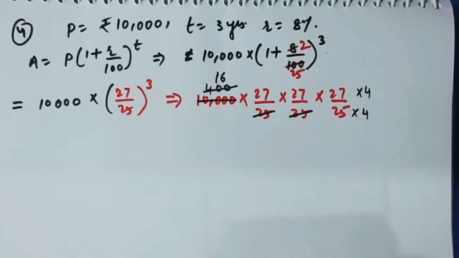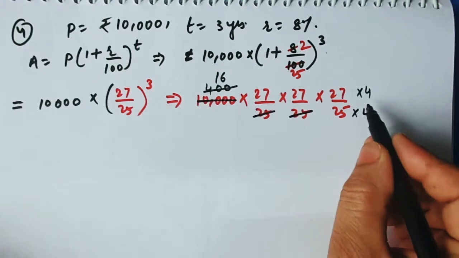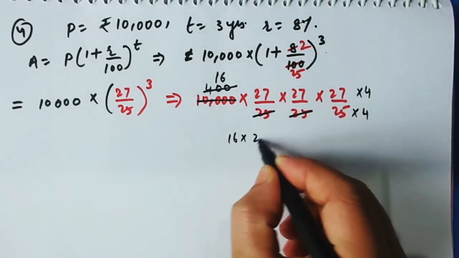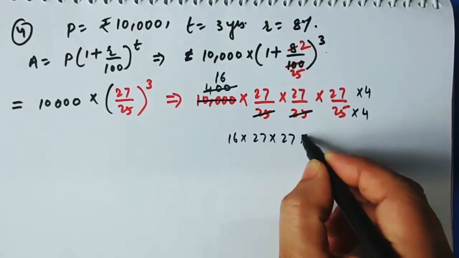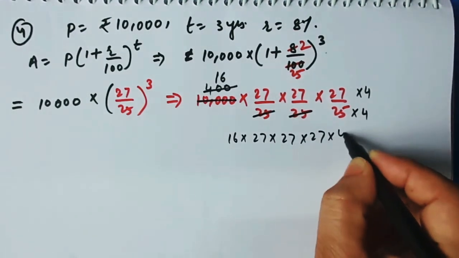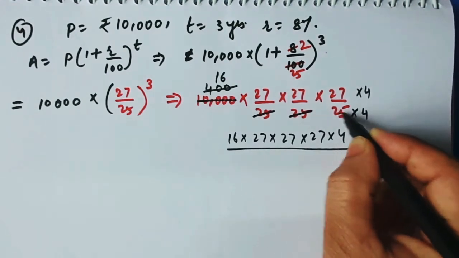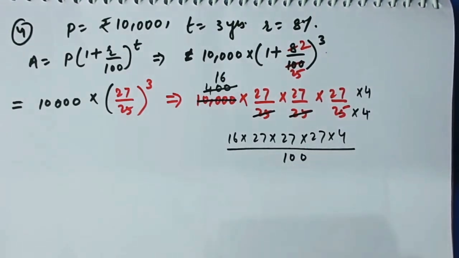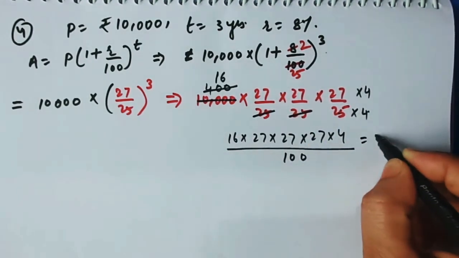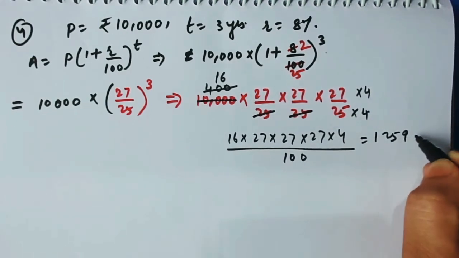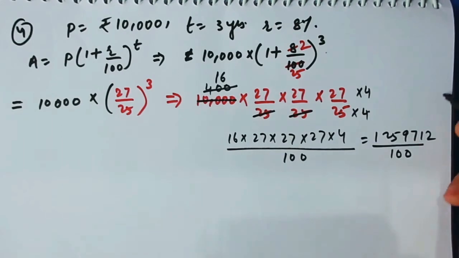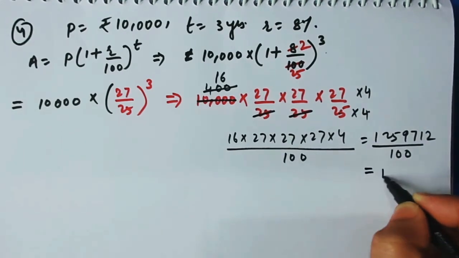So here what you will find, on the top you will have numbers 16 into 27 into 27 into 27 into 4 divided by 25 into 4 is equal to 100. कैसा रहा? When you will multiply on the top, what will you get? You will get is equal to 1259712 divided by 100. Decimal फट से पुट कीजिए जी.